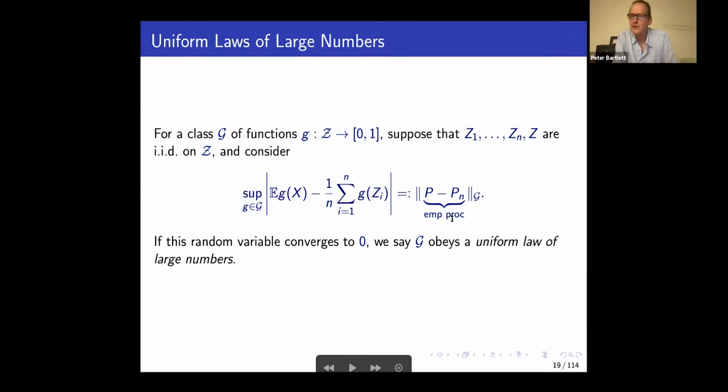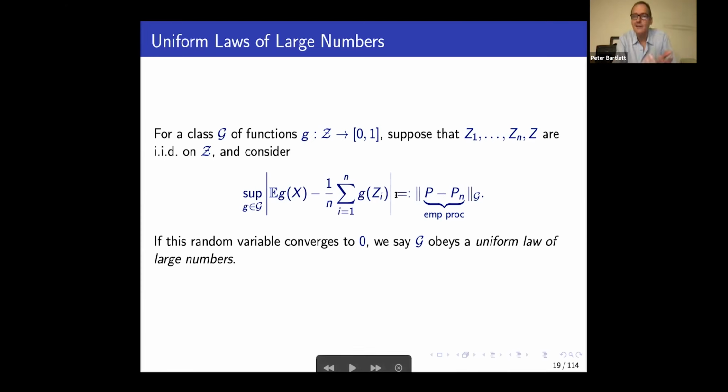So what's an empirical process? It's a random variable that's a function of something. In this case, it's a function of the functions G, right? So you give me a G, and my empirical process P minus Pn gives you back a random variable, right? And that random variable is the difference between the expectation of G and the average on the sample of that G. Okay, so that's an empirical process, and we're interested in some notion of scale of that empirical process.